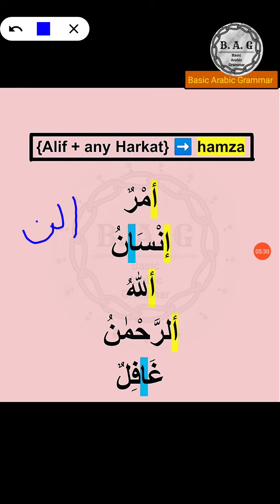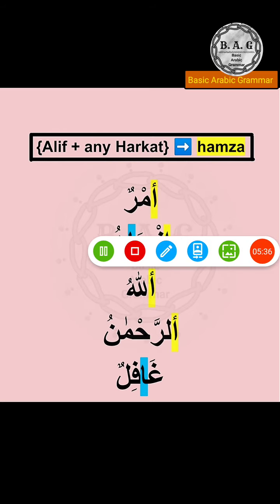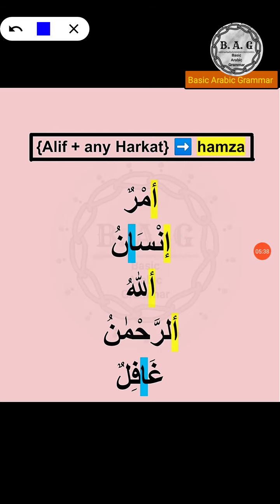For example, we have the word amrun. As we can see, we have a harakat on it. Now I'm saying that we have a harakat on it while we do not see any fatha on it. Why? Remember how I told you earlier that whenever you see a hamza at the top of an alif, it acts as a fatha, it gives the sound of fatha. That's why I'm saying that it acts as a fatha and it has a harakat on it. So that's why it's hamza and not alif. We call this the Hamza of the word Amrun.